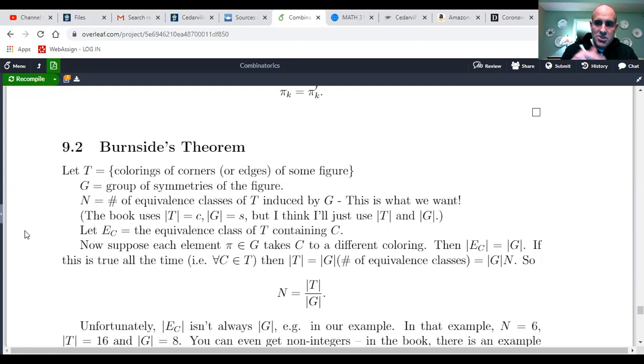Because every single permutation that I applied to C took me to a new element.